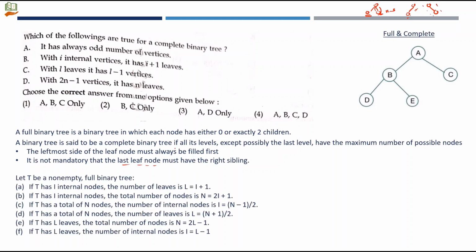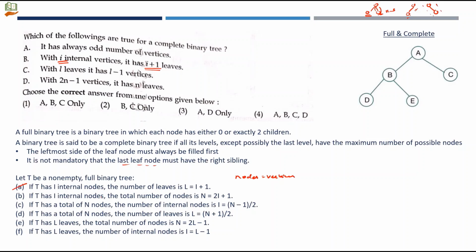For a full binary tree, they have listed some 6 properties. If T has I internal nodes, nodes means vertices, the number of leaves L is equal to I plus 1. If T has I internal nodes, it has I plus 1 leaves. Is it matching? Yes.